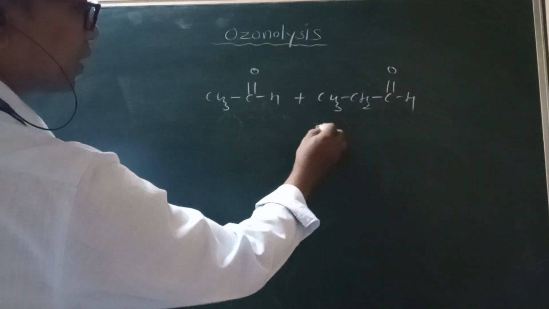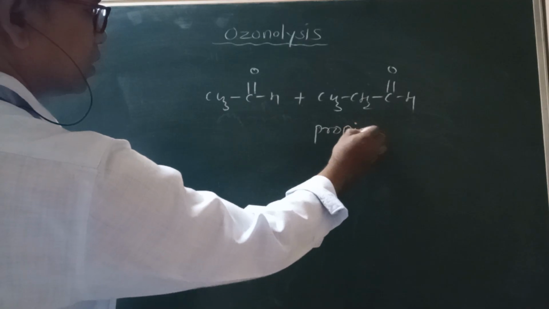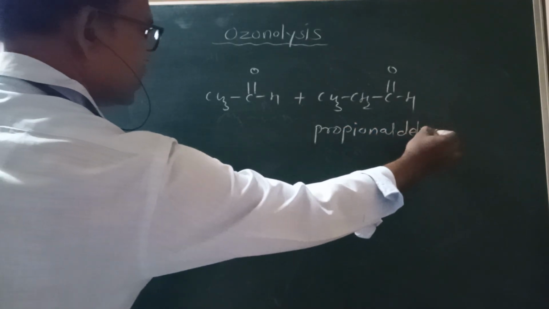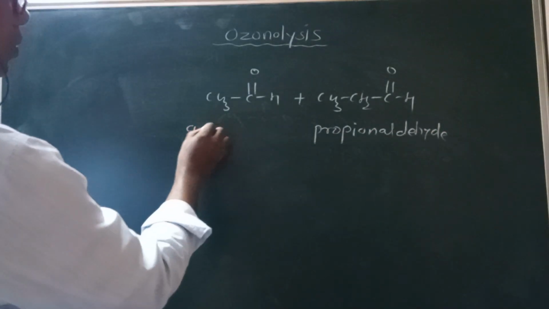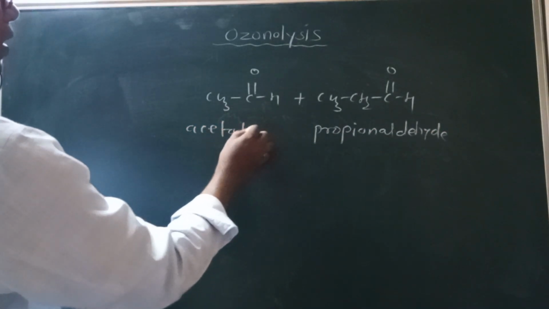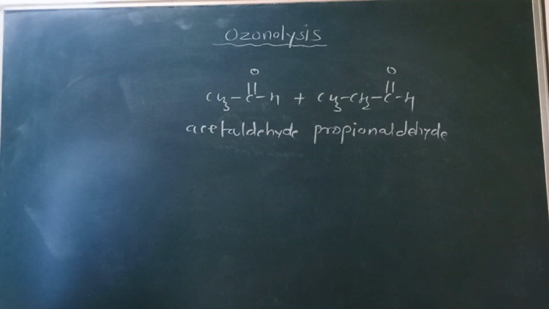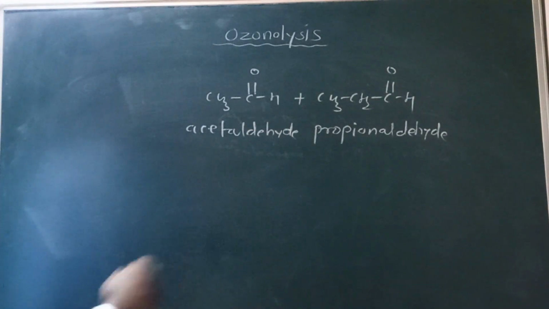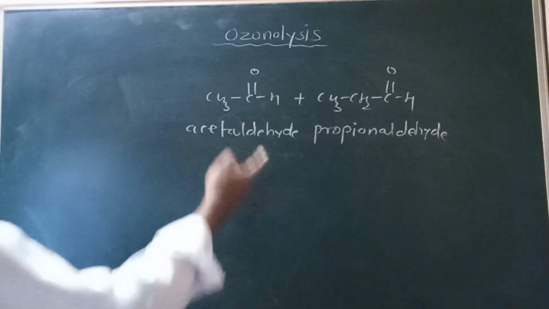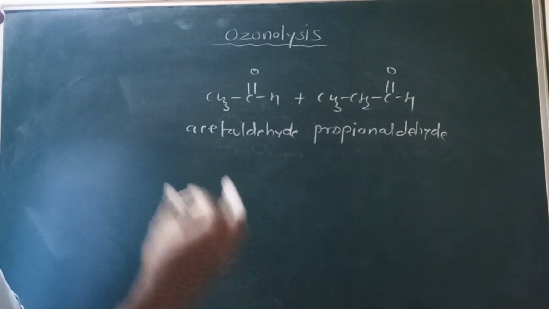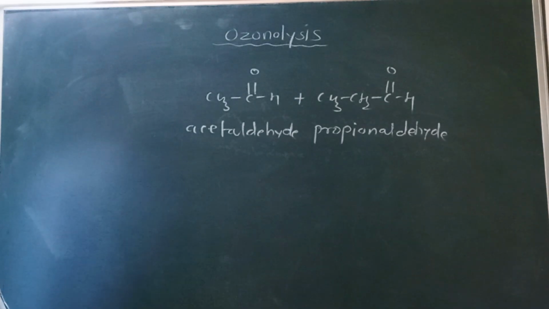This is called propionaldehyde, and the first one is acetaldehyde. So on ozonolysis of a certain alkene, we have to identify that alkene giving a mixture of two different compounds. So it clearly indicates that the alkene is going to be unsymmetrical.